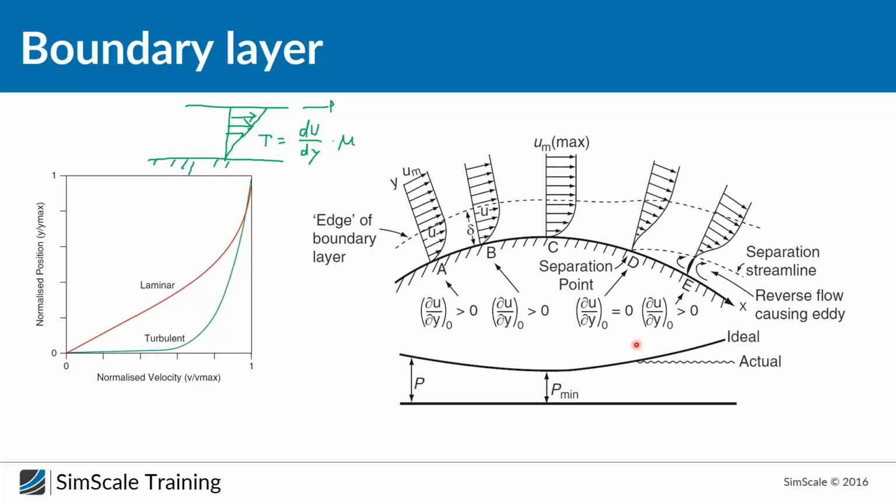At some point, the kinetic energy of the boundary layer is not big enough to act against the pressure gradient. And once it can't follow the surface anymore, it will separate. You will have a reverse flow causing an eddy. And this is what we know as flow separation. It's very important to understand that when you have turbulent flow, you have a fuller velocity profile, and therefore it will separate later. And this is really a fundamental thing.